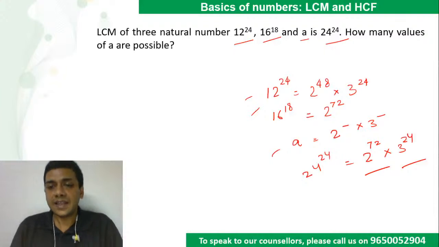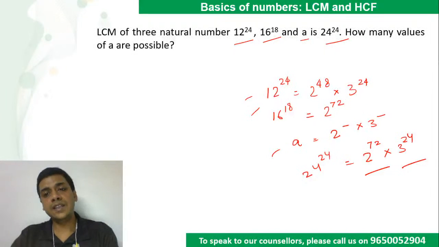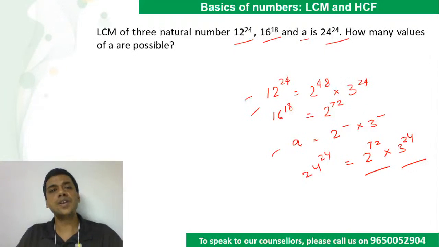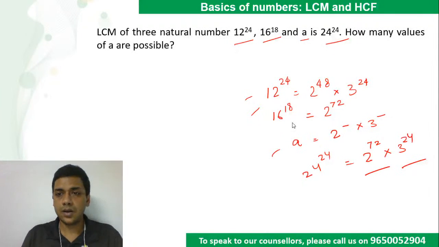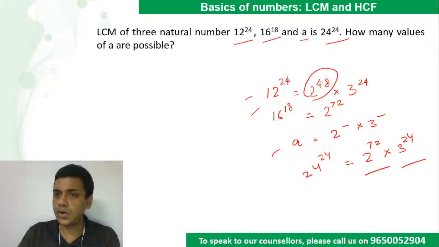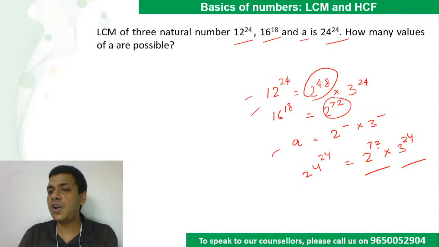Can I say that the highest power of 2 in the three numbers has to be 72, and the highest power of 3 in the three numbers has to be 24, which I have already got? My first number is 2 raised to power 48, my second number was 2 raised to power 72. So I already received the power of 2 as 72 and the power of 3 as 24.